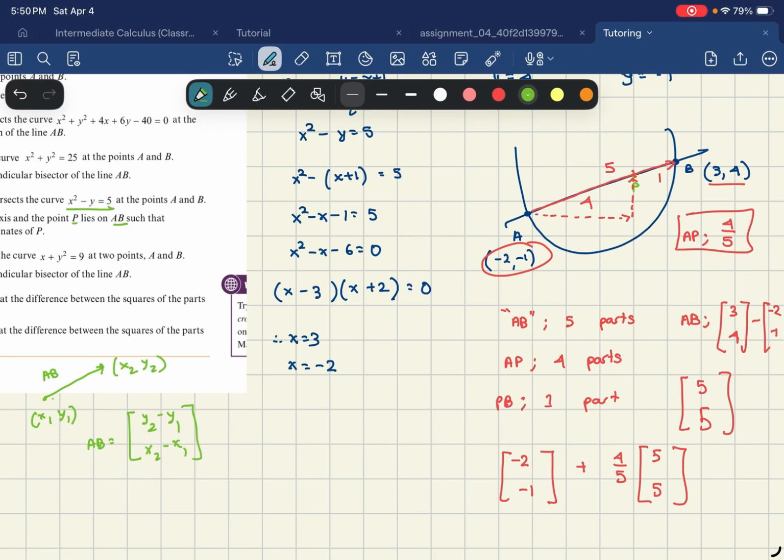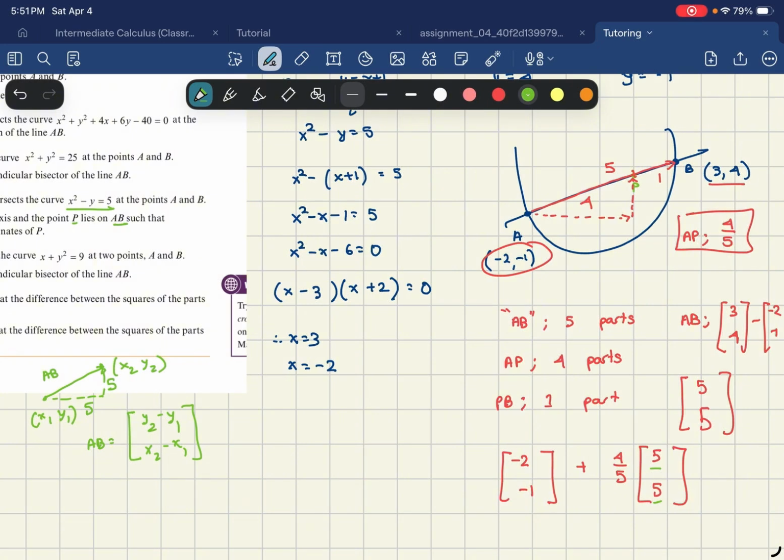Basically, that just means that in my x direction, I'm going 5 units, and in my y direction, I'm going 5 units. That is what I am representing. I start at A, I travel positive 5 units along the x-axis, I travel 5 units up the y-axis, and I get to point B. That is what I'm saying with this vector.